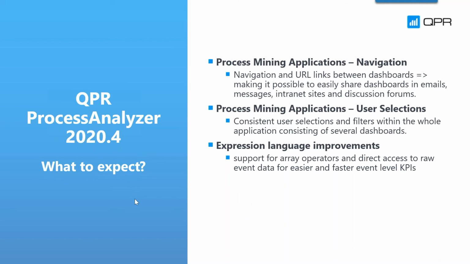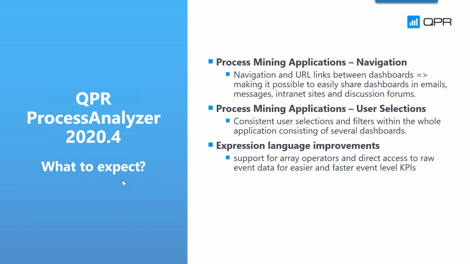And then the last point is regarding the expression language. Process Analyzer uses this expression language in the back end to make the actual calculations, and actually all the charts there and calculations, measures and dimensions use this expression language in the back end.